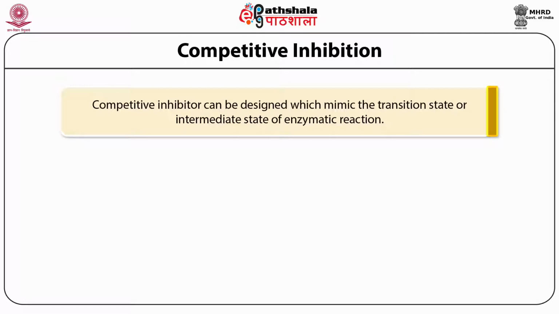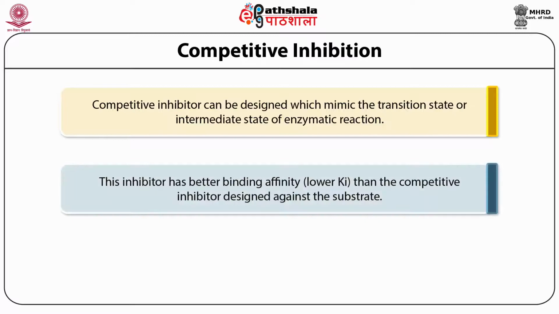Therefore, if you are designing a competitive inhibitor which mimics the transition state, it is going to be a better inhibitor as compared to designing an inhibitor which competes with the substrate. Therefore, transition state analogs are designed, which have lower Ki and even more affinity than an inhibitor designed against the substrate.